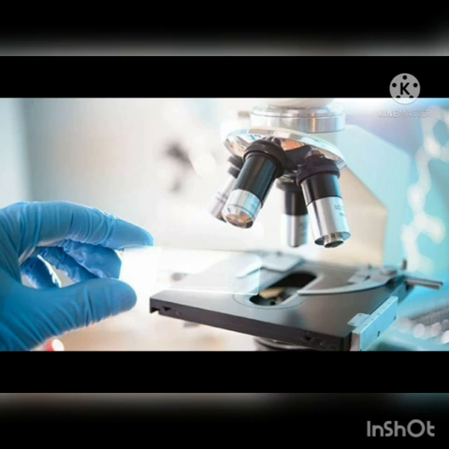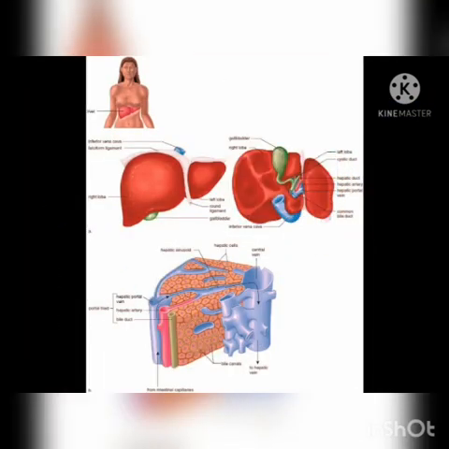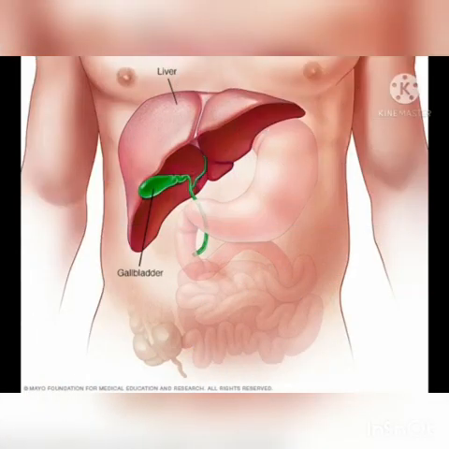Now here, for example, what you see in this picture is the microscopic anatomy of the liver. All these small things you see here are the liver cells, then the lobes.